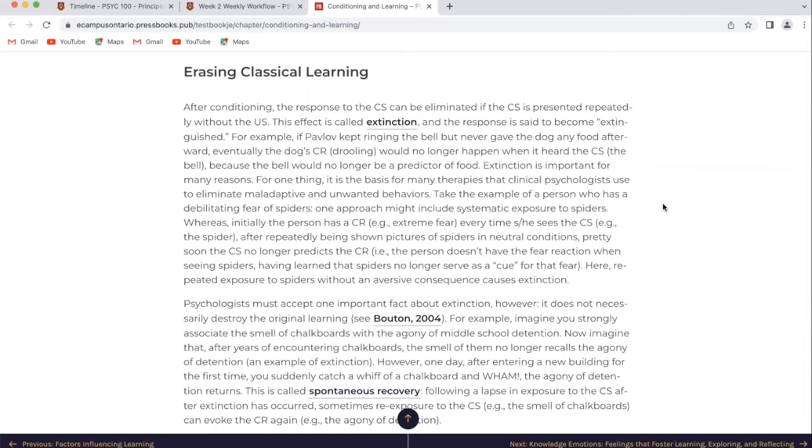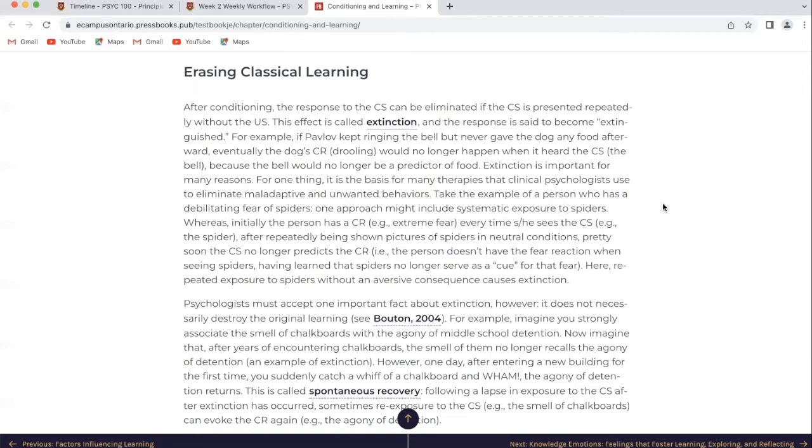Extinction is important for many reasons. For one thing, it is the basis for many therapies that clinical psychologists use to eliminate maladaptive and unwanted behaviors. Take the example of a person who has debilitating fears of spiders. One approach might include systematic exposure to spiders, whereas initially the person has a conditioned response, extreme fear, every time they see the conditioned stimulus, the spider.